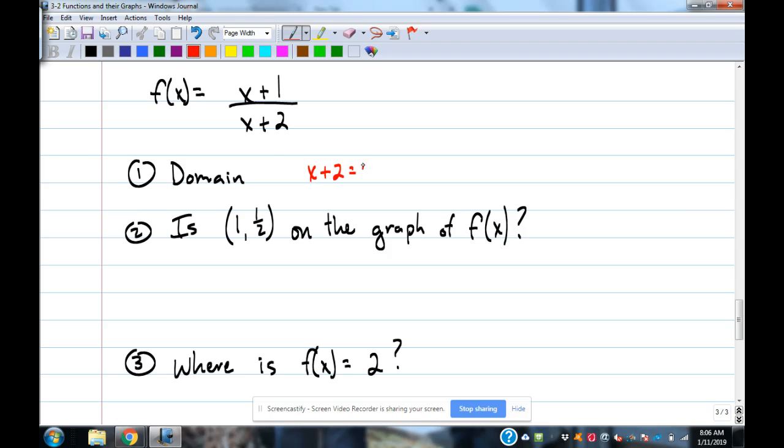Real simple. Set x plus 2 equals 0 because it's got the red flag of x in the denominator, and solve that. So x cannot equal -2, right? So we write that x does not equal -2, and the interval notation would be from -infinity to -2, union -2 to infinity.